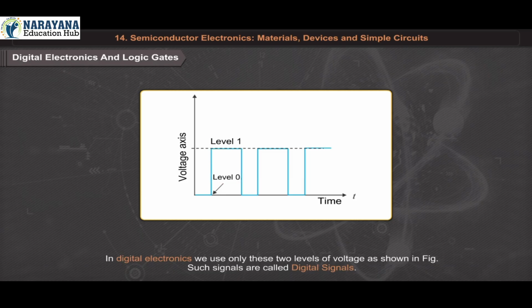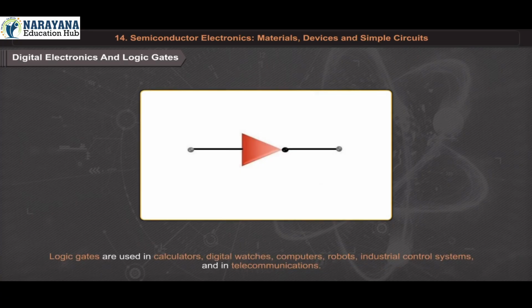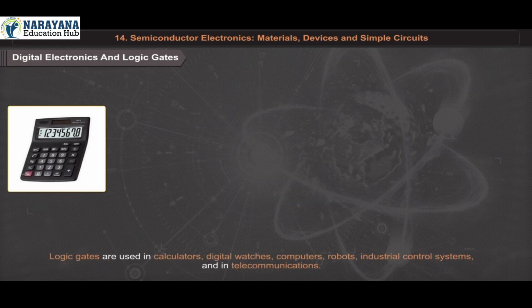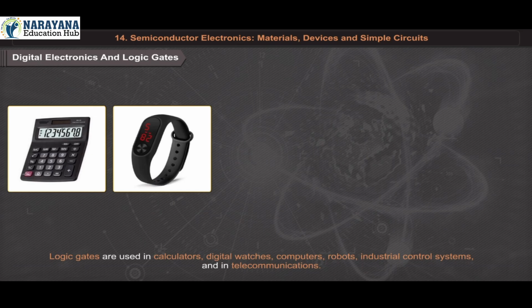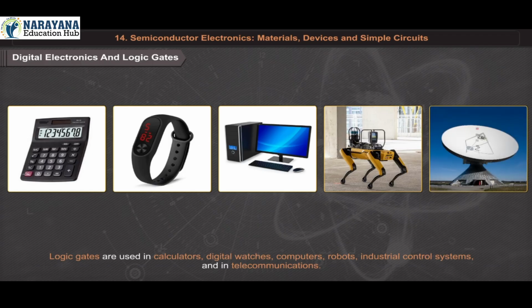Such signals are called digital signals. In digital circuits, only two values represented by 0 or 1 of the input and output voltage are permissible. Logic gates are used in calculators, digital watches, computers, robots, industrial control systems, and in telecommunications.